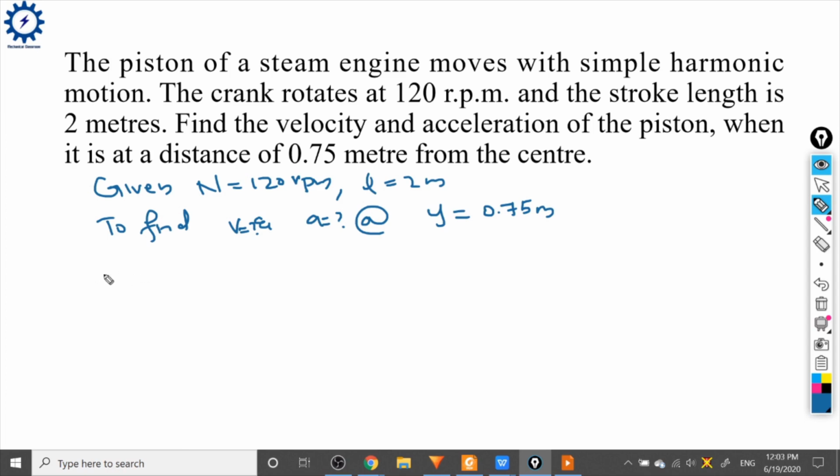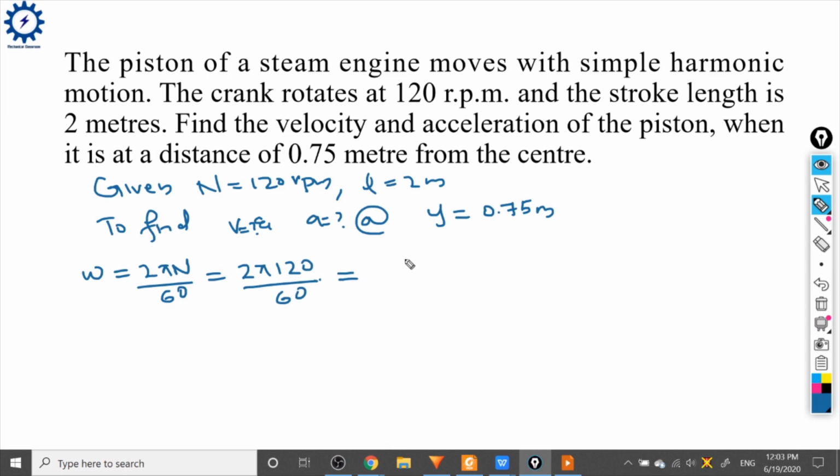What is the relationship connecting omega and n? Omega equal to 2 pi n by 60. Okay, substitute the values. We have 2 pi into, what is n? N is 120. 120 by 60, which will be equal to the value of 5.